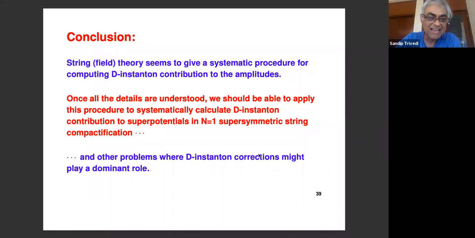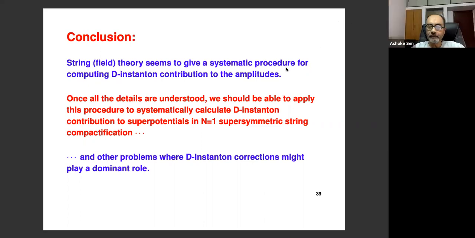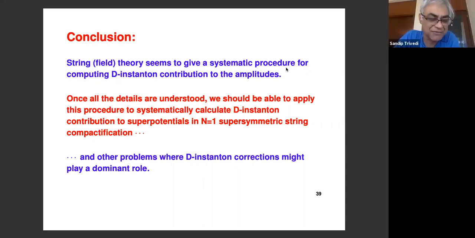Of course. Ashok, just to go to your second red part in the conclusions. This is very impressive, but just to take type IIB, as you know, this corner is of interest from the point of view of KKLT and so on.